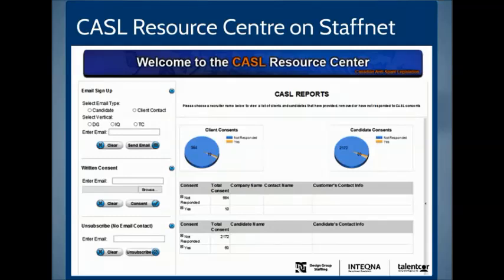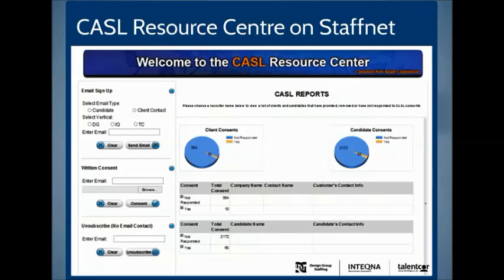The next section further down is written consent. So if we want to provide written consent and be able to show where it came from, this is where we would be able to upload a document. So for example, we would choose the email address of the candidate, and we would be able to upload a scanned copy of their application form as an example, or a CASL consent form to be able to change the consent email status in Bullhorn from no response to yes.